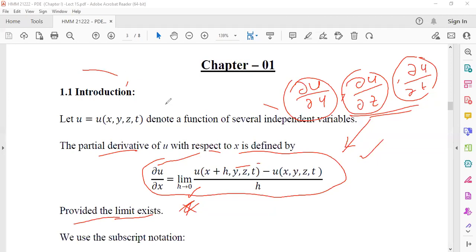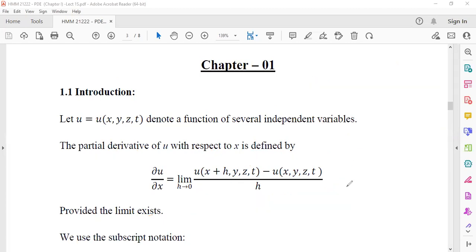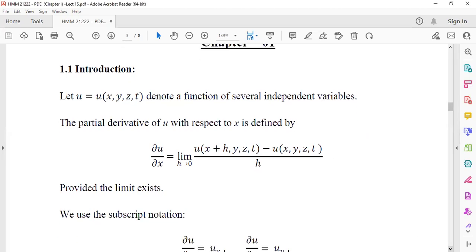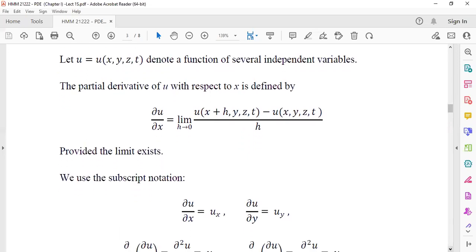Okay. It's a simple thing. If you get the idea, it will be very easy. Have you all finished? Shall we check the answer?